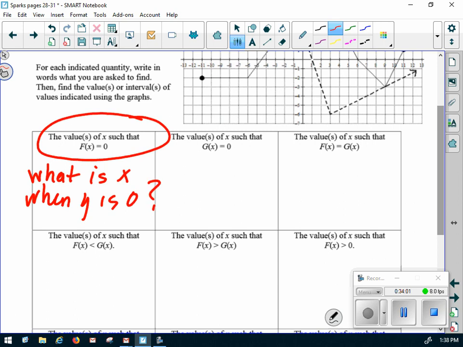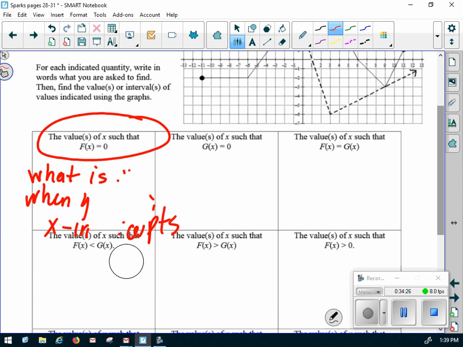Fondly known as, you are trying to find the x-intercepts. And if you just wrote x-intercepts, I would be tickled to death. Now, for those of you watching the video, I made an executive decision that the quiz is going to be Monday because I don't think we're going to finish this.